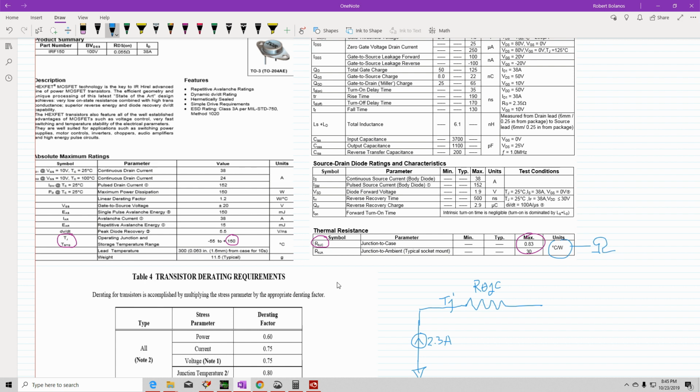The temperature of the board is that node. I already said that the board will be 25 degrees, so this is 25 volts. Then this node will be the case temperature, and this is the resistance of J to C. Let's go ahead and change it to the proper one.